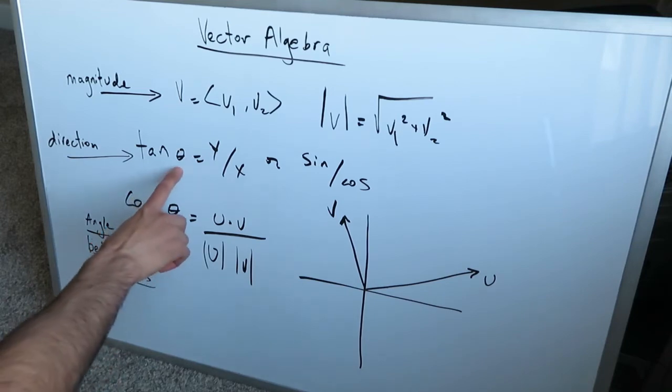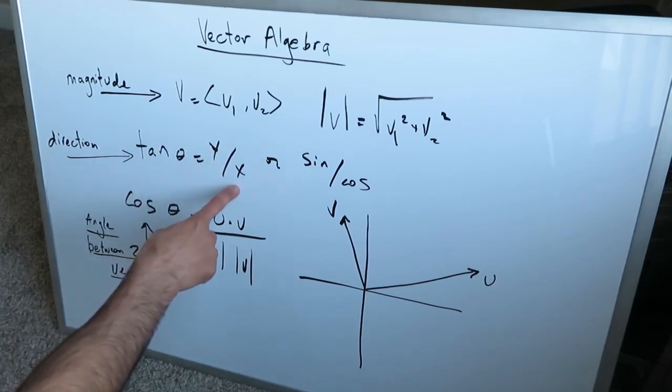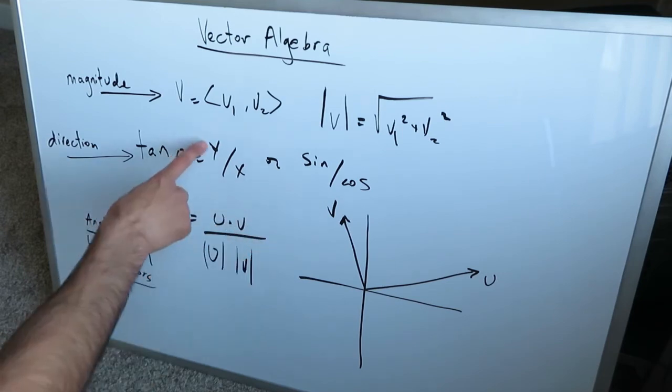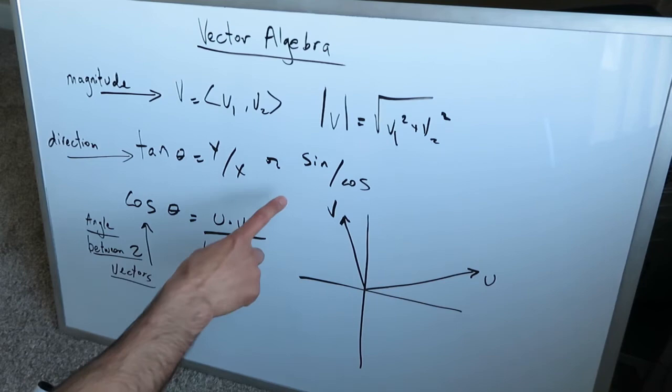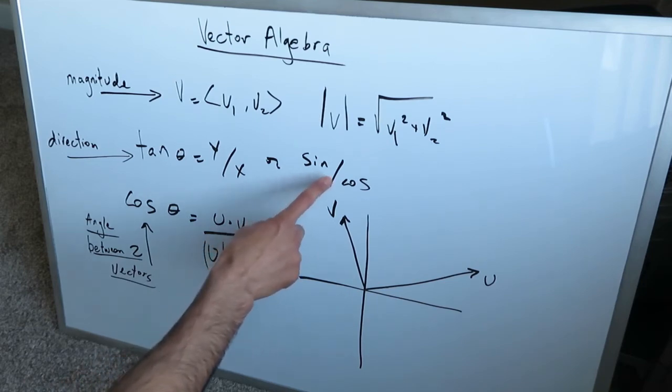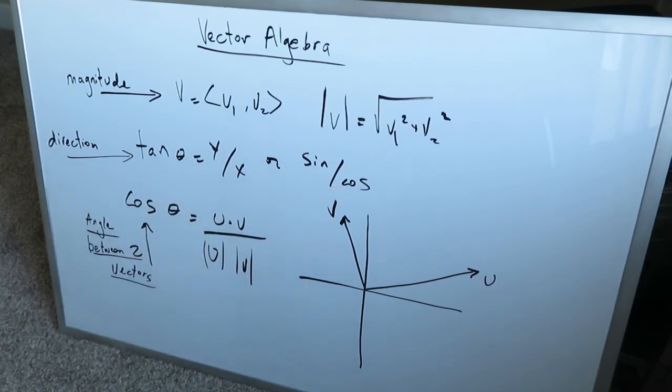Tangent theta is always equal to opposite over adjacent with regards to a right triangle, y over x, the y component divided by the horizontal component, or you can think of tangent as the sine divided by the cosine. Let's look at this u vector. With regards to a horizontal line, you can create a theta angle and a right triangle.